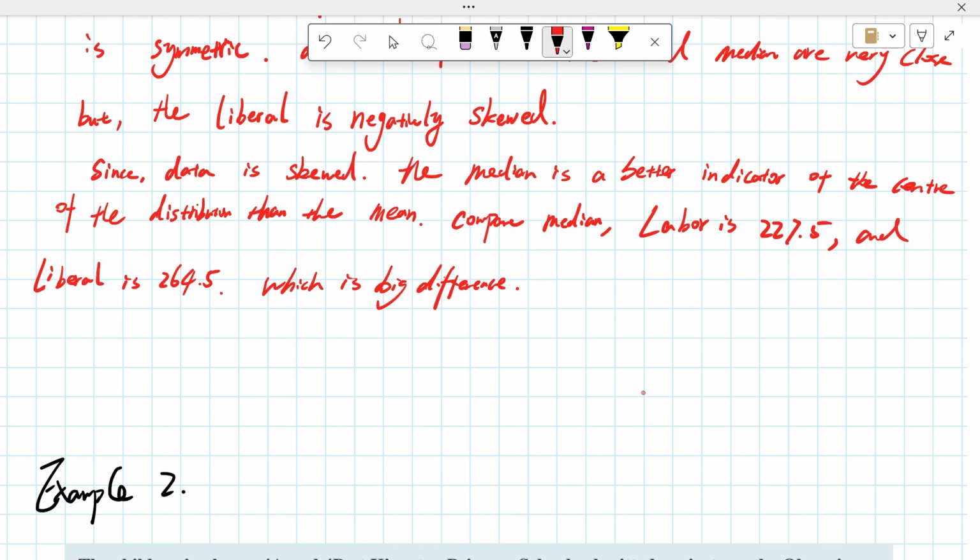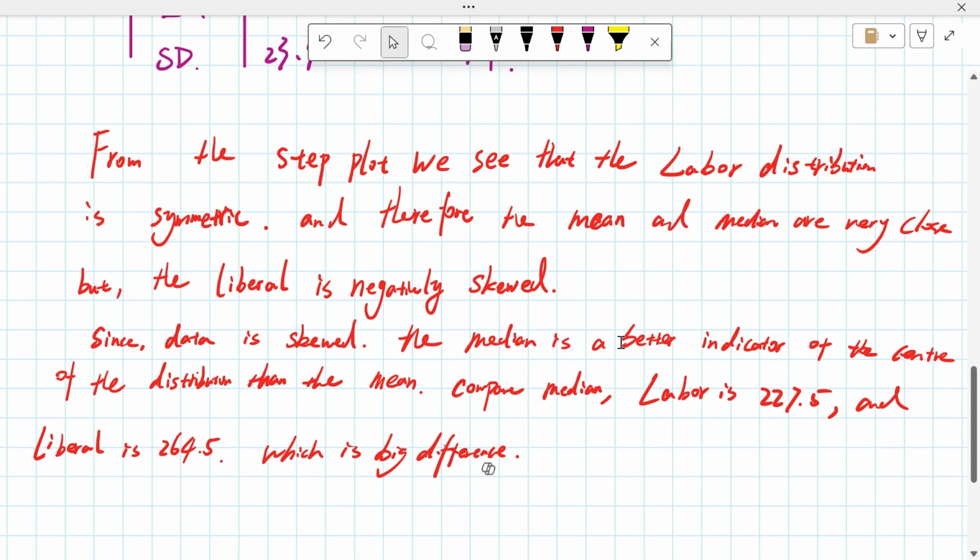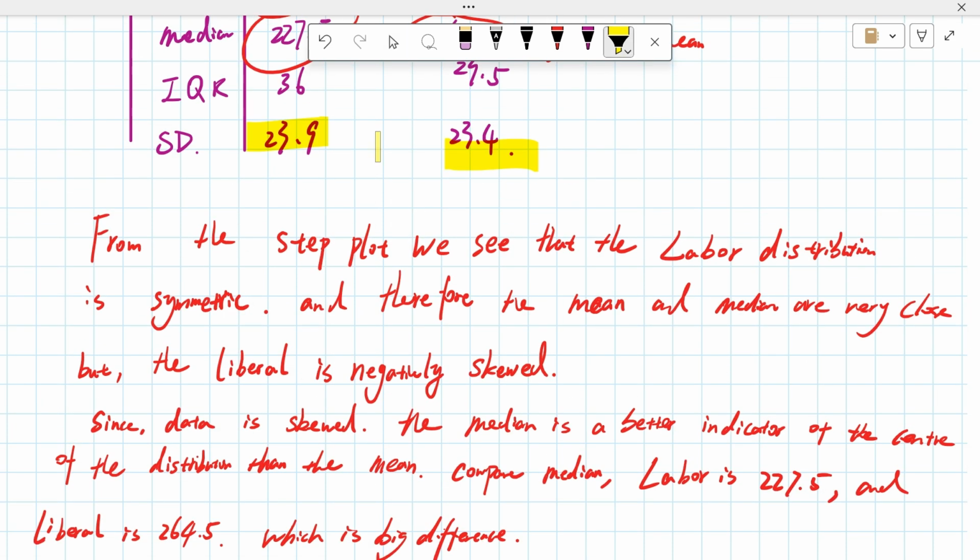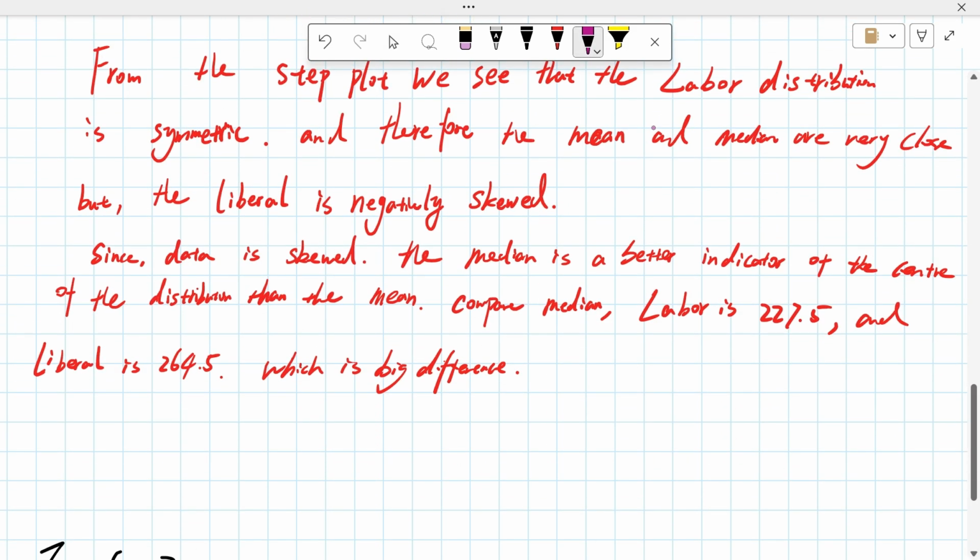But the standard deviations were similar.